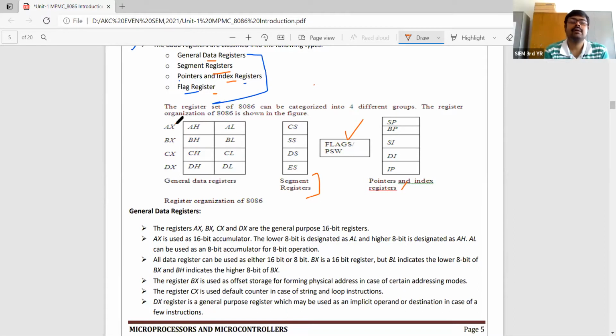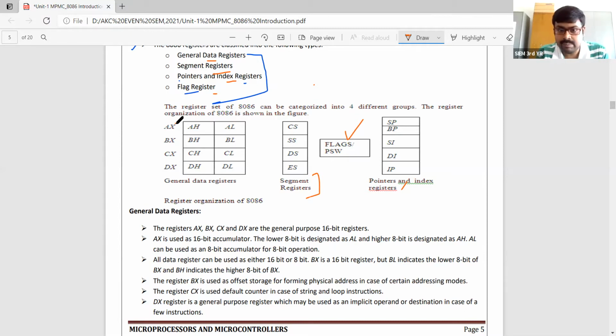These are the tags. Next, we are finding the segment registers. What is the segment register? This CS, SS, DS, ES, these are called the segment registers. Obviously, another unit is there that is called the flags/PSW. So flags means the flag register we are talking about, flags and the PSW. And the last part is called the pointers and the index registers.